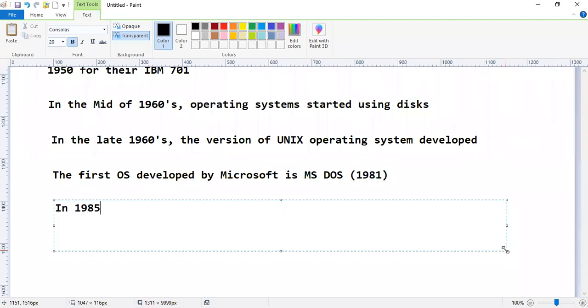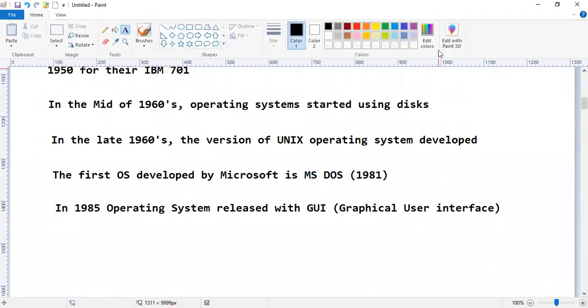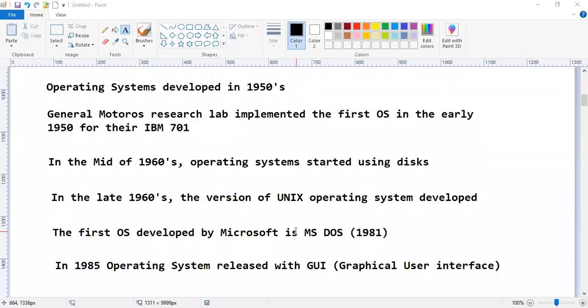In 1985, an operating system was released with a GUI, graphical user interface. We are able to see the files, we are able to see the folders, we are able to click on the file and on the folder. That means we have a GUI. All right, that operating system came into the market with the GUI in 1985.